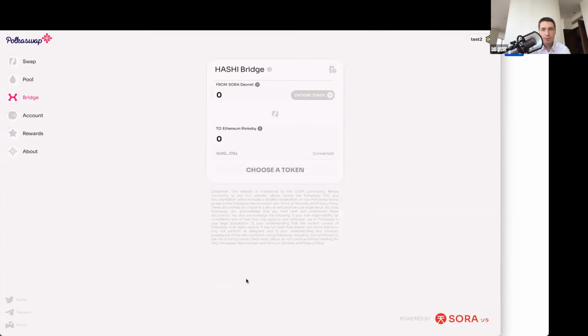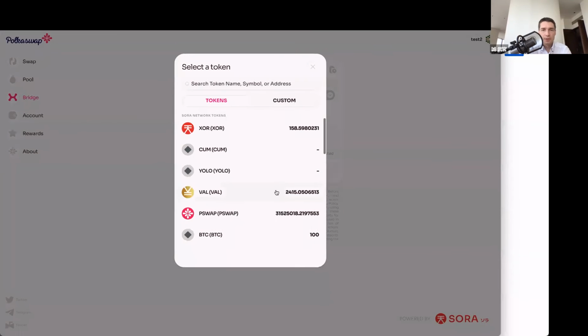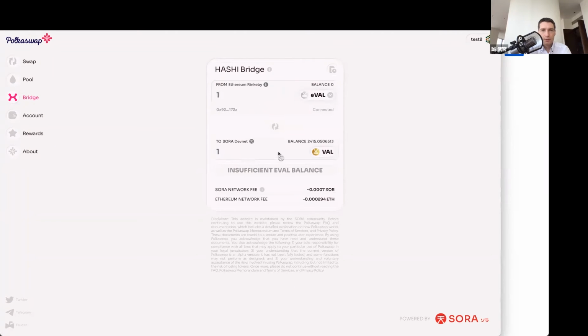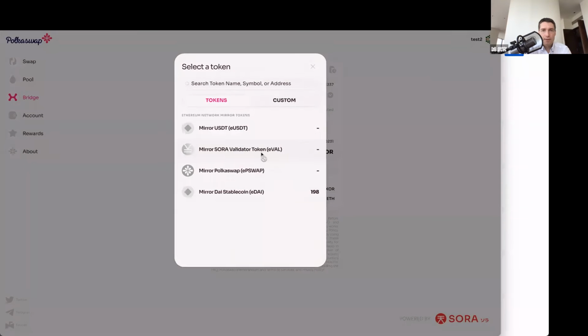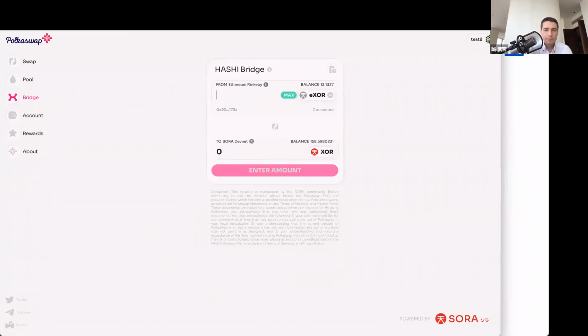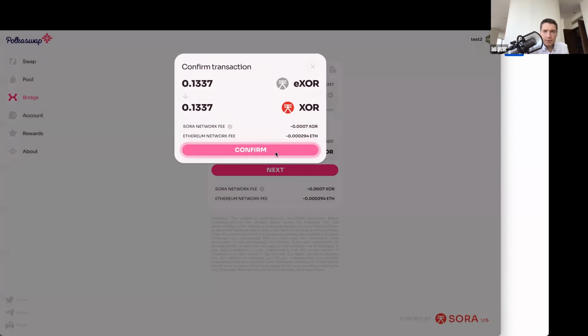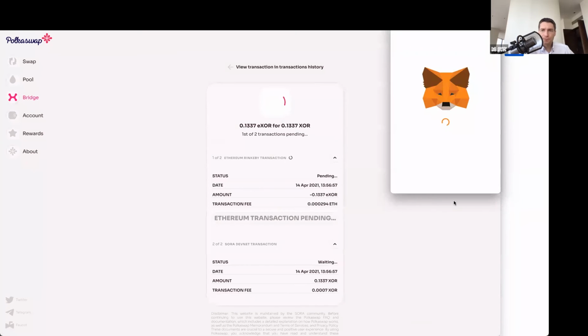You can do the opposite way. You can move, let's say, some val from Rinkeby to, I don't have any balance. Okay, I can move ZOR from Ethereum to SORA Network, and it's just the opposite.